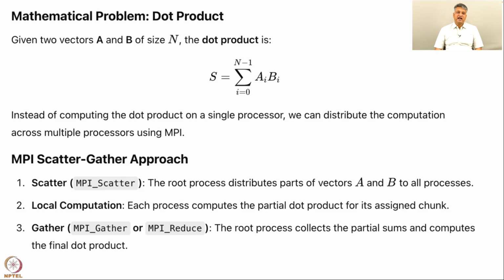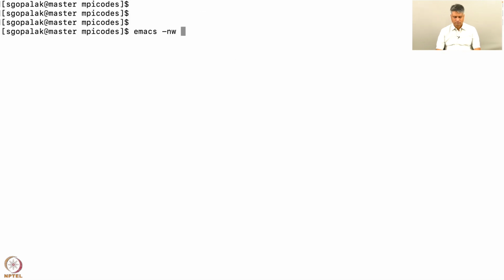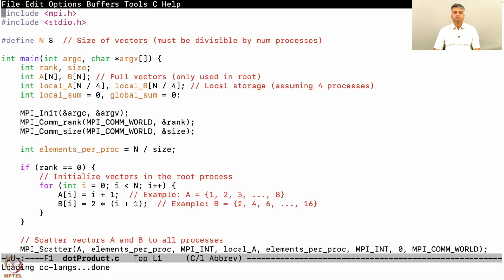Then we have to gather the data. So we can use either MPI gather or MPI reduce to collect all the partial sums so that you can compute the final product. We can see the implementation in code now.